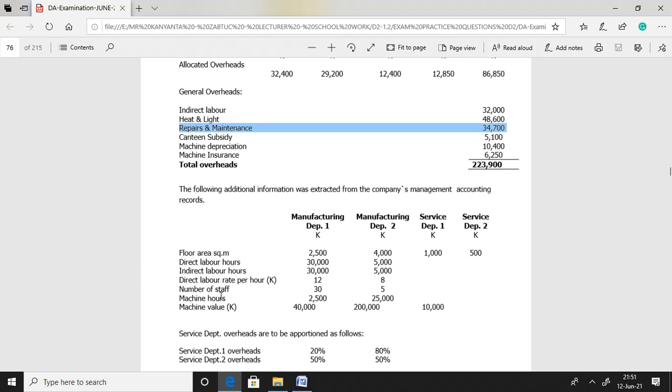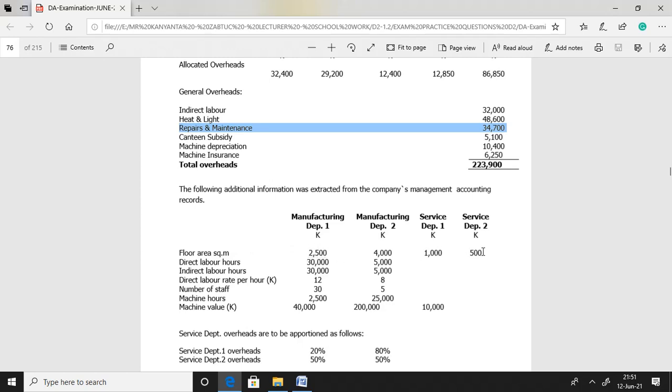If the repairs were machine repairs and stuff like that, you could have used machine hours. But given the lack of details here, it is probably repair and maintenance of the general buildings, general surroundings and stuff like that, so you use the floor area as the basis of apportionment.